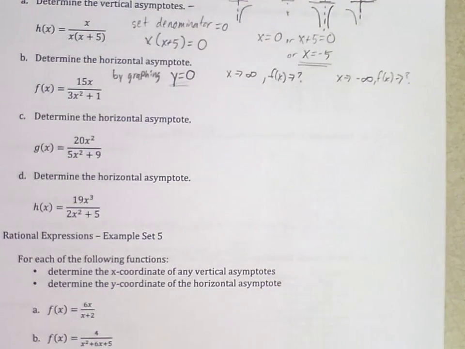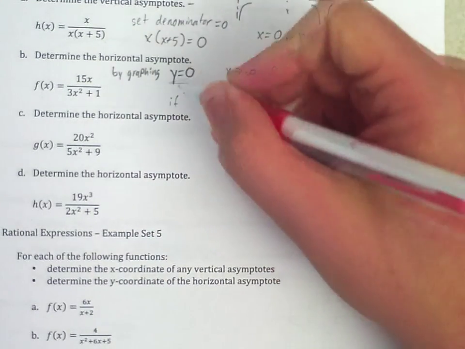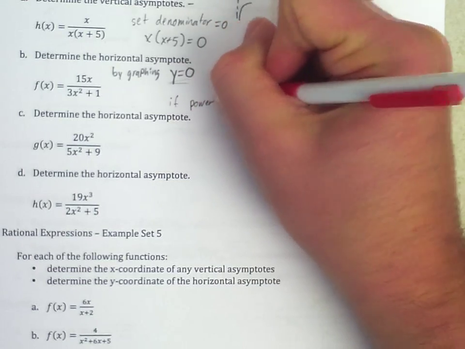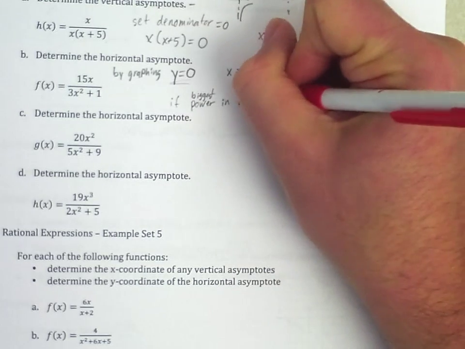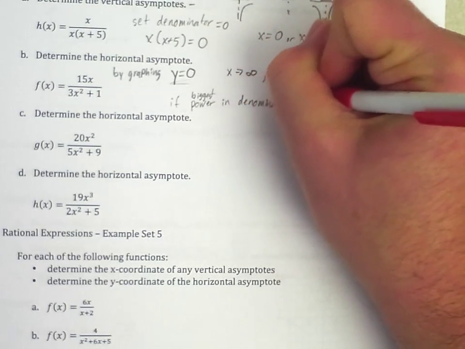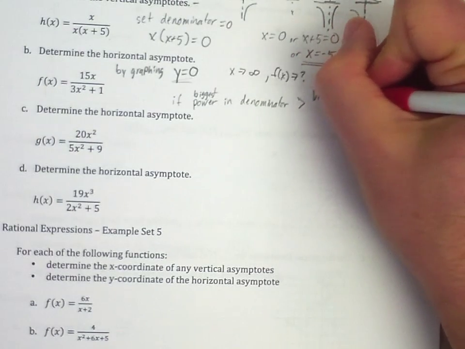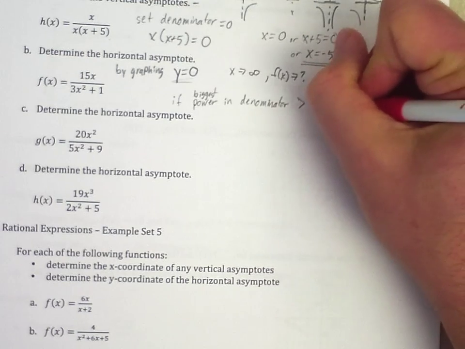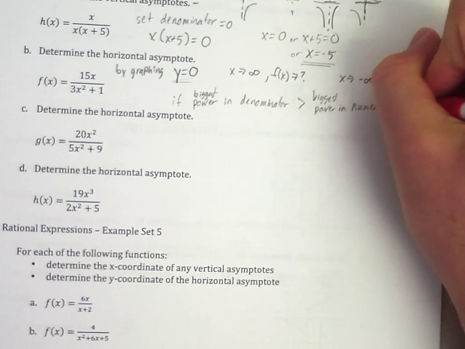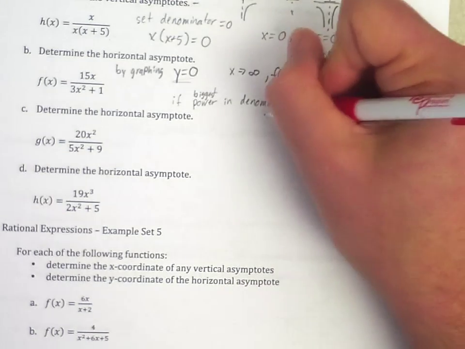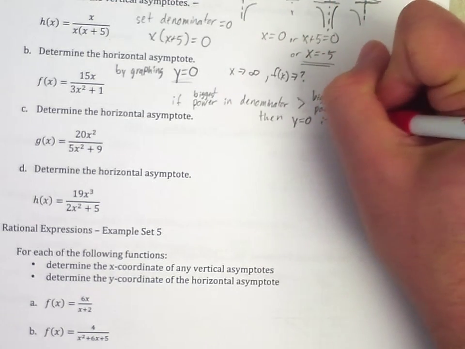And so one of the ways we can tell that is if the biggest power in the denominator is greater than the biggest power in the numerator, then y equals 0 is the asymptote.